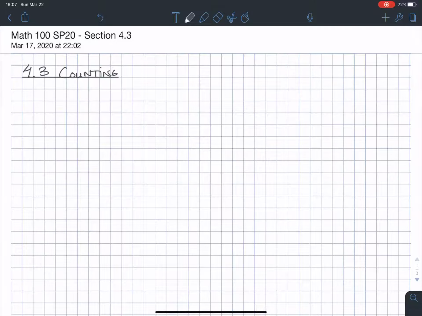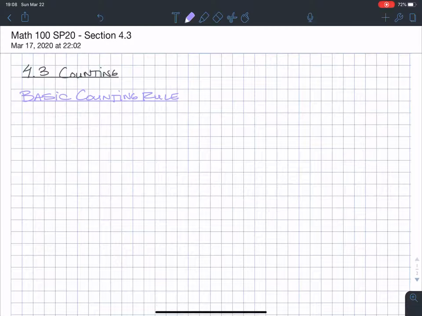Okay, so basic counting rule. The basic counting rule is as follows.